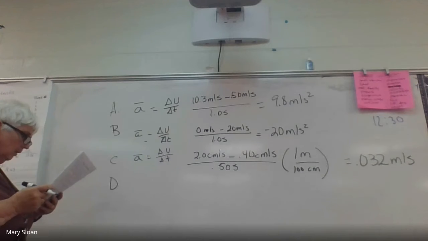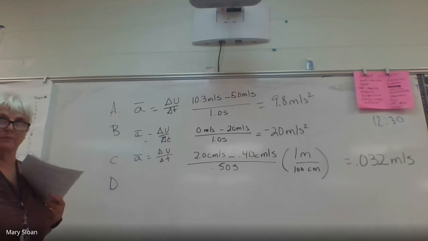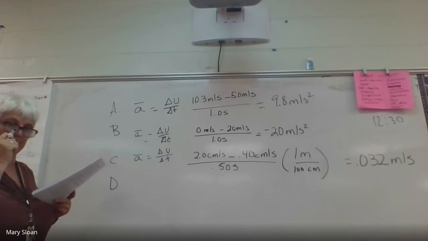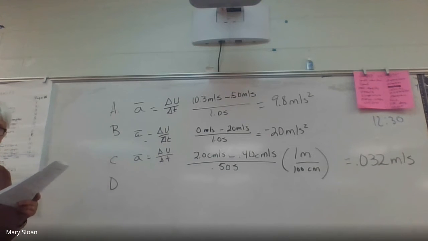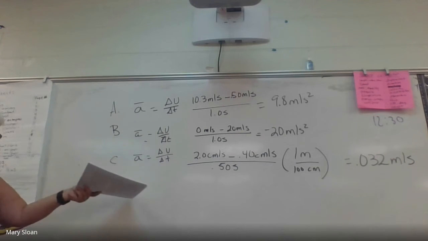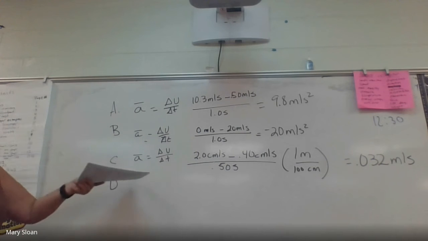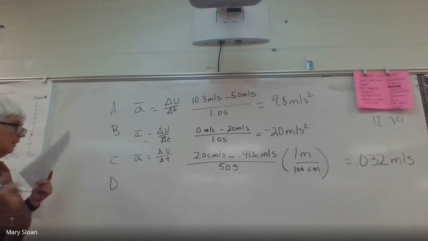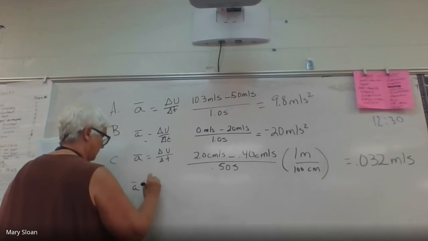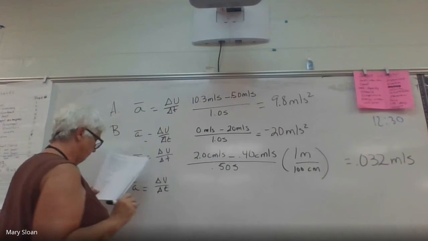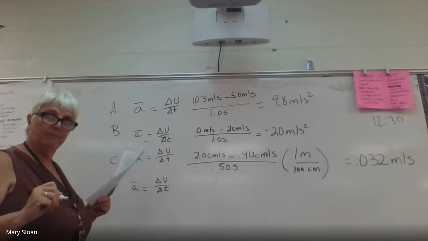All right, let's look at D. So Raymond, what formula am I going to use? Same one we've always been using, right? Okay, so we got this. So what is my velocity final, Raymond? Yep.